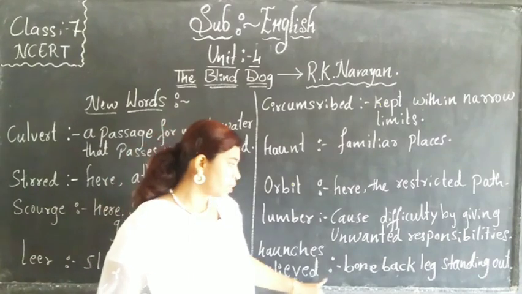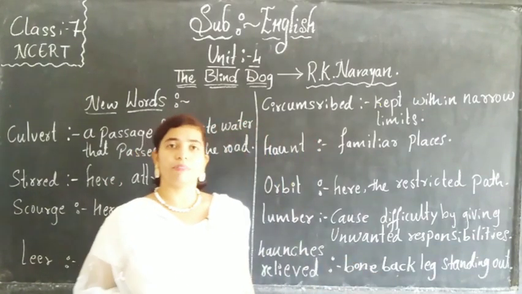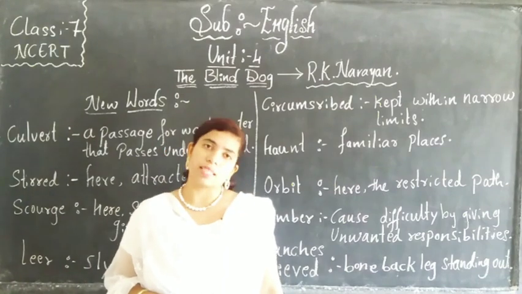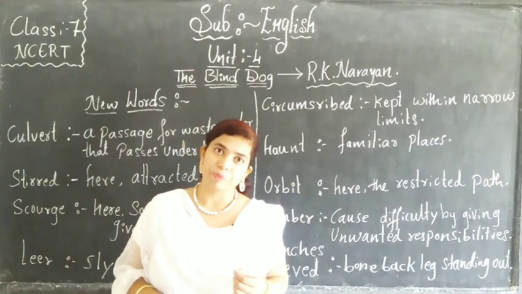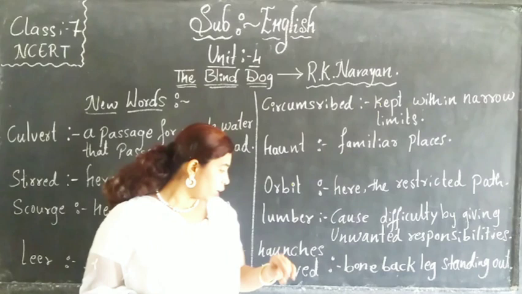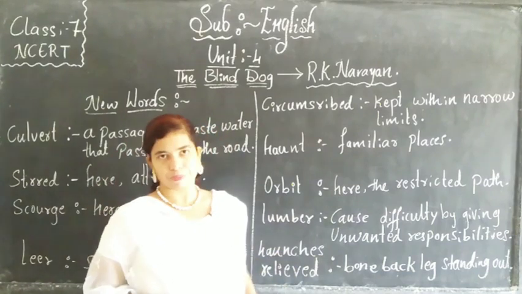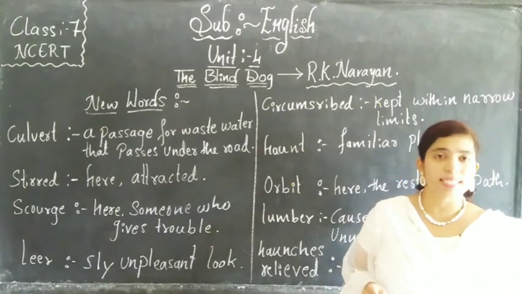Haunches relieved, bone of back legs standing out. Haunches relieved means animals which have back leg bones highly pointed, those are called haunches relieved. Okay, now let us come to the lesson.